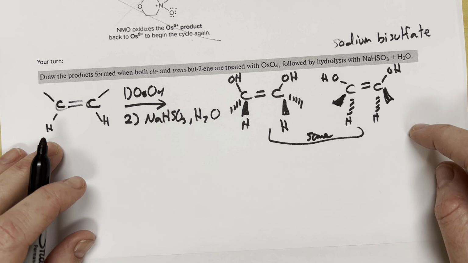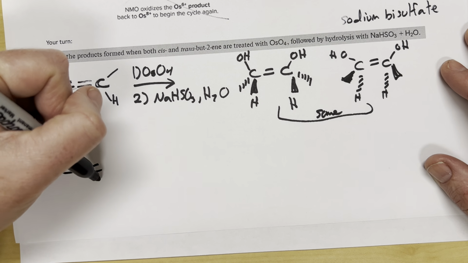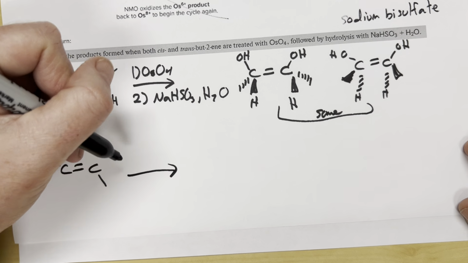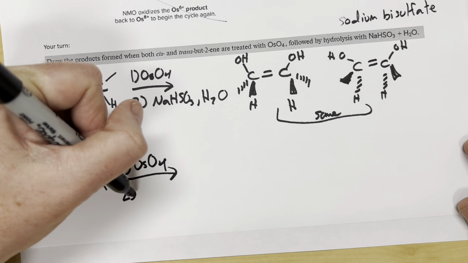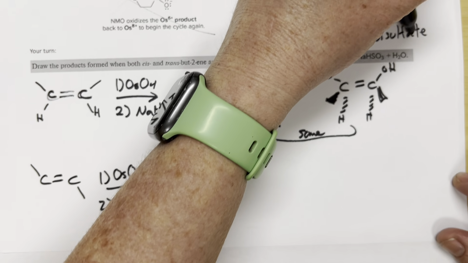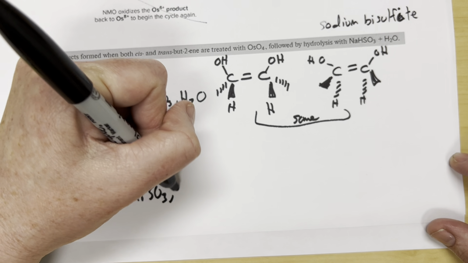But what happens when you have a trans butene, like this? We'll react it with the same thing: first osmium tetroxide, second sodium bisulfite, NaHSO3, and water.